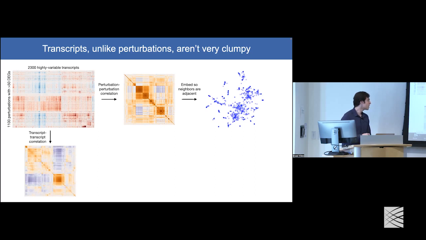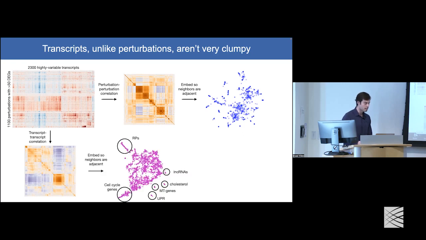And when we do the same analysis on the transpose, we find that there is less clumpiness of the correlations. There is absolutely some structure along the diagonal, but much less, except for this one large cluster, which represents the ribosomal proteins that basically covary, and this other cluster, which represents the mitochondrial genes, which also covary.